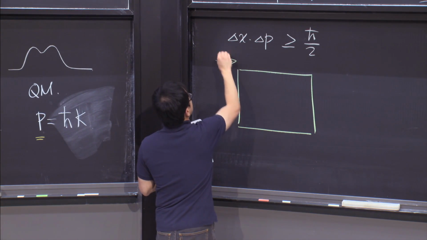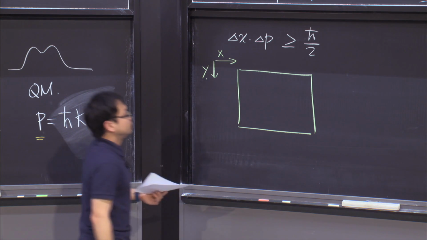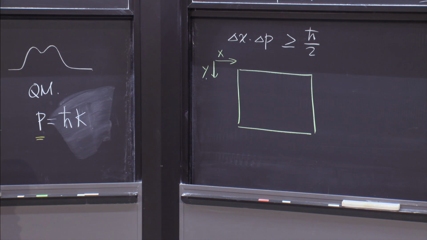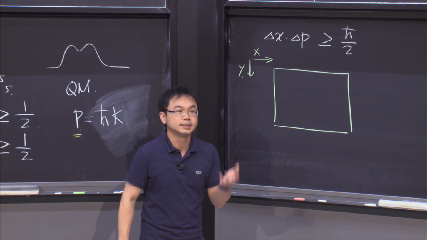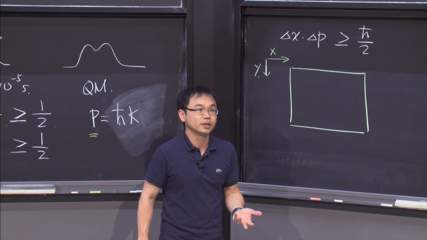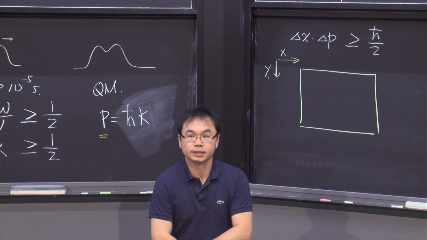This means that if I define my x and y coordinates, which are used to describe the position of a specific point on this plate, then you'll see that there are beautiful symmetries which you can identify from this simple example.